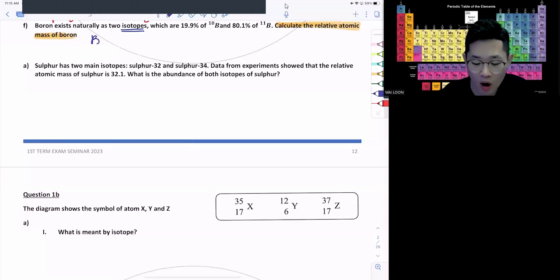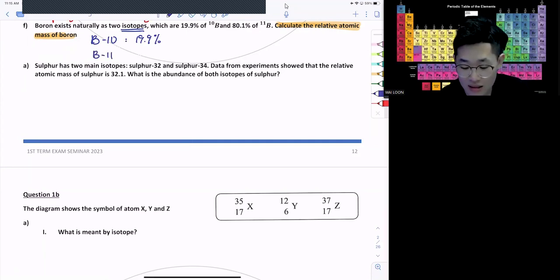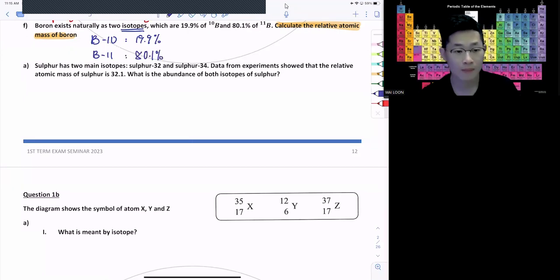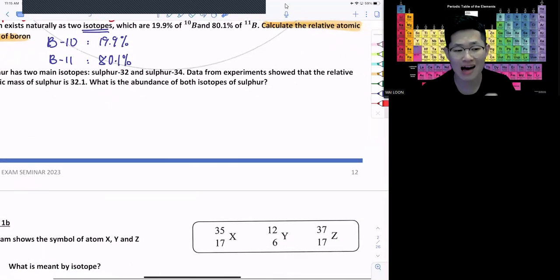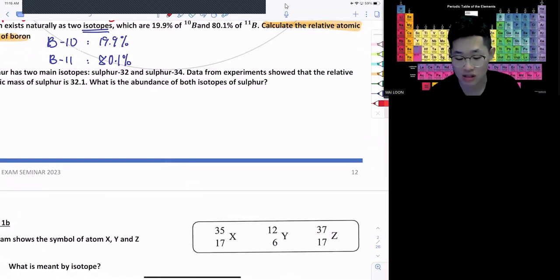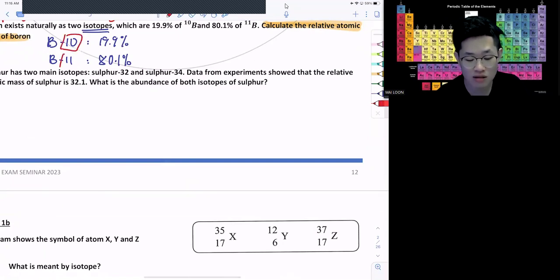Okay, they told you that boron 10 is 19.9%. Boron 11 is 80.1%. Relative atomic mass means the average mass. They want you to find the average mass. To find average mass, you see, this number is the nucleon number, the mass.